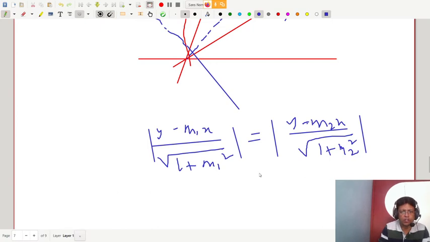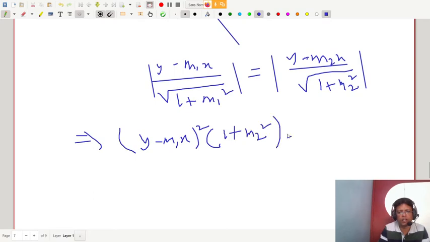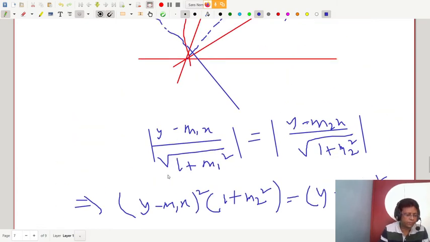If you open the modulus, there will be a plus minus sign, or you can take the square on both sides, squaring and cross multiplying. So (y minus m1x) whole squared into (1 plus m2 squared) equals (y minus m2x) whole squared into (1 plus m1 squared), right? If you multiply and simplify, you can use those relations.